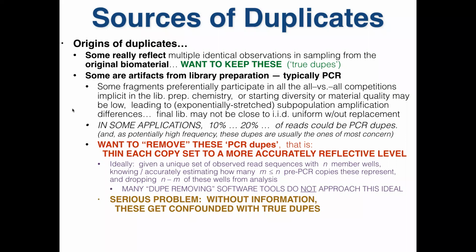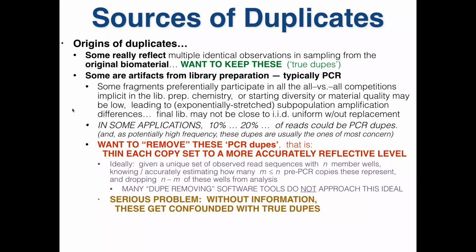What you really need is some way of estimating how many pre-PCR copies are appropriate. If this sequencing run were magically deduplicated, how many copies really would have derived from the original material? And if n copies showed up and m copies are appropriate, you need to delete n minus m of them.